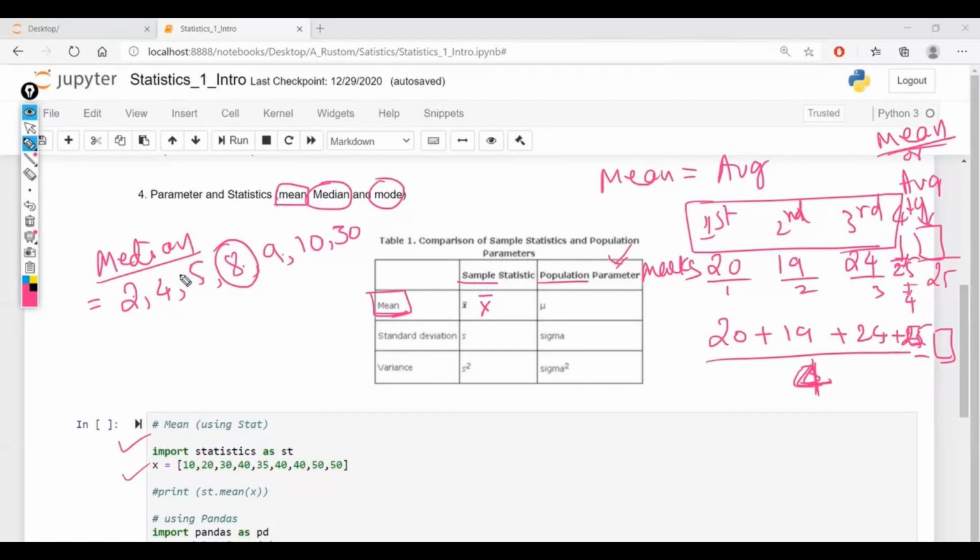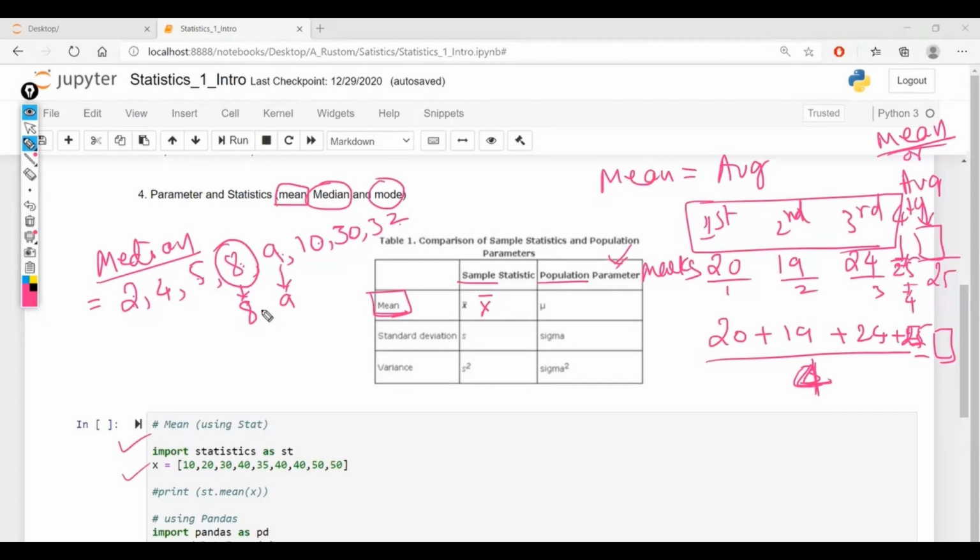So what if I have one more data point, 30, and here I have a 32? In that case, I have an even number of data points, 1, 2, 3, 4, 5, 6, 7, 8. Which one is going to be my median? In this situation, it is going to consider 8 and 9.